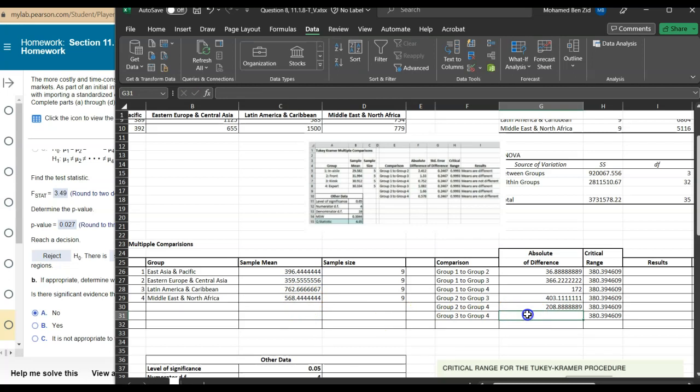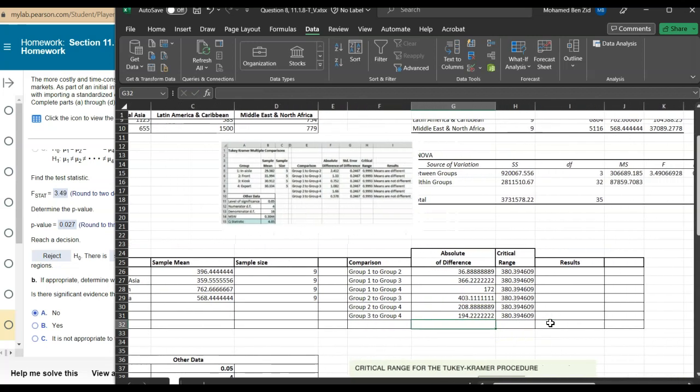And the last one is between 3 and 4, so equals absolute value of the third minus the fourth one. Okay, we get all the differences.